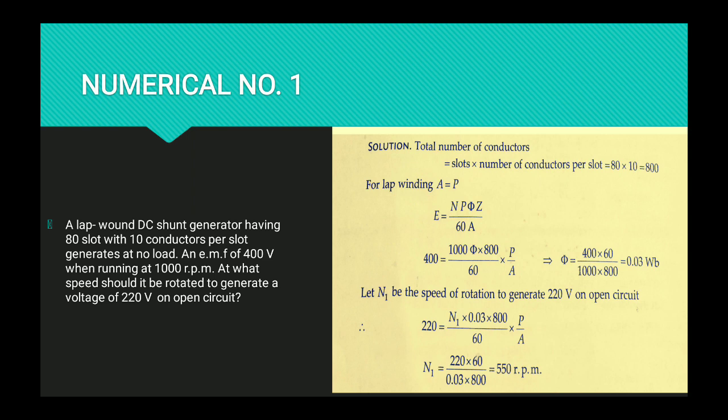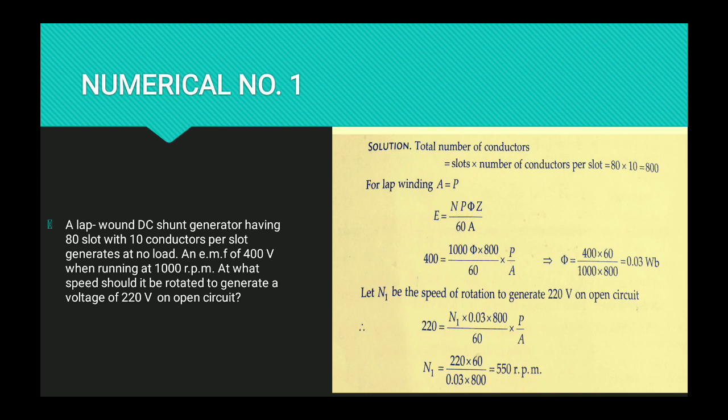Now the EMF equation: E, or the generated EMF, equals N, that is the speed in RPM of the generator, that is 1000 RPM, into P into phi, that is flux per pole, P is the number of poles, into Z by 60 into A. A is the parallel path. So according to the problem, the generated EMF is 400 volt.